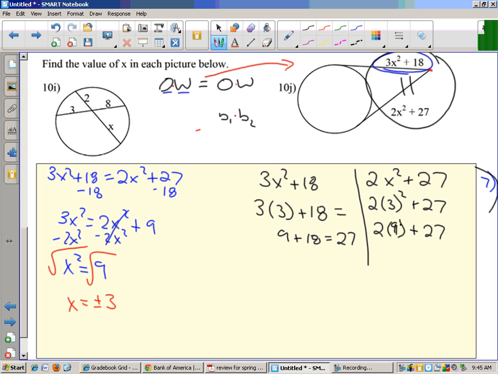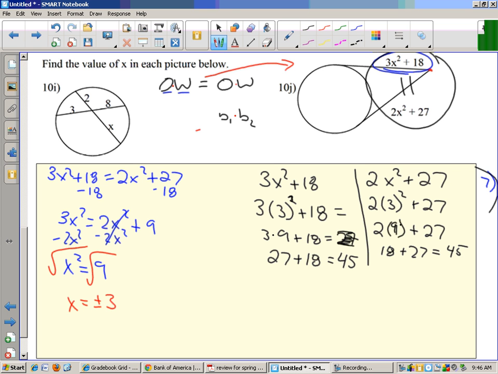What's 2 times 9? Oh gosh, guys, look where I made a mistake here. This was 3 squared. Man, Mr. Conaway. All right, so 3 squared, that's going to be 3 times 9, which is going to be 27 plus 18 equals, what is 27 plus 18? 45. Okay, and here I'm going to get 18 plus 27 equals 45. Both of those, that one works, right? You got 45 for the length of both of those lines. So we know that positive 3 works.